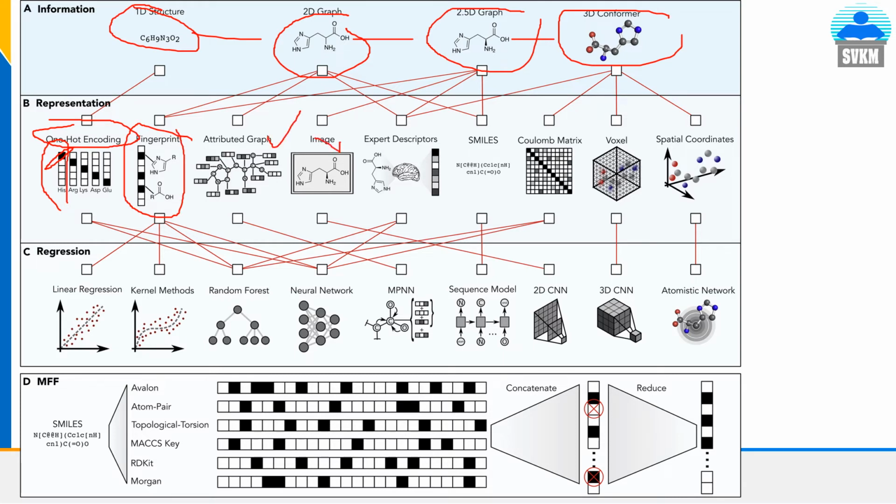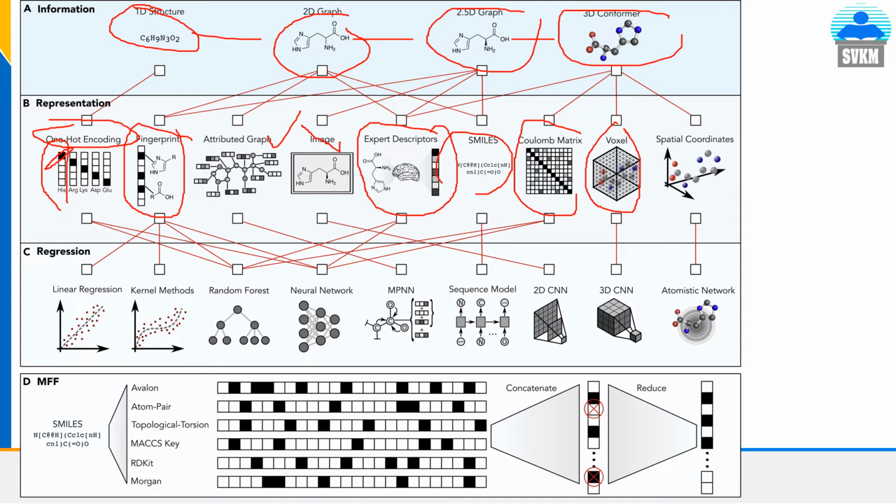Simple image, if you are going for CNN, that is convolutional neural network, you can go for CNN. This is expert description, where the involvement of humans will be there. A rule-based feature vector will be decided in this expert description. We have SMILES, we have Coulomb matrix, voxel and spatial coordinates. So if you are converting in 1D fashion, you have to go for one hot encoding.